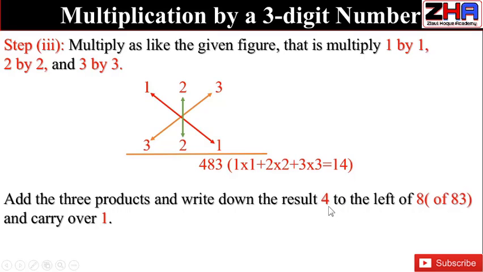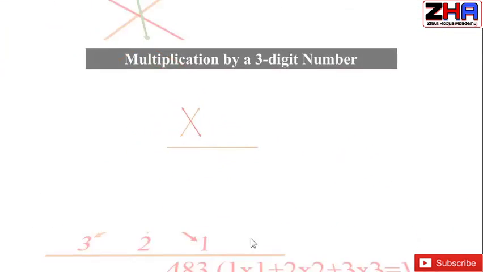Add the 3 products and write down the result 4 to the left of 8 of 83 and carry over 1, because in this case we have 14. Therefore, multiplying 123 by 321, the last 3 digits are 4, 8, 3.